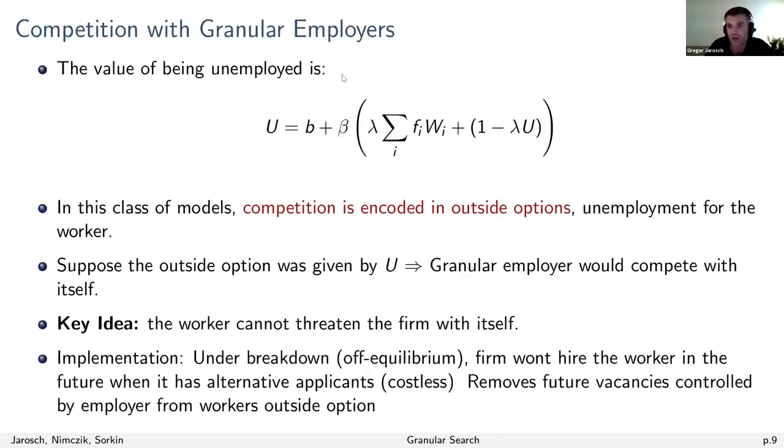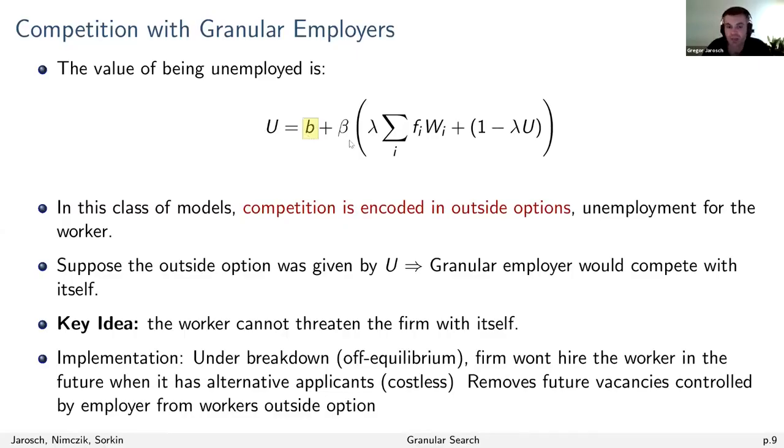All right, so I guess this is the most important slide. Write down the value of being unemployed. You enter this labor market as a young worker. So what's your value function? Well, you'll be unemployed for a period by assumption.